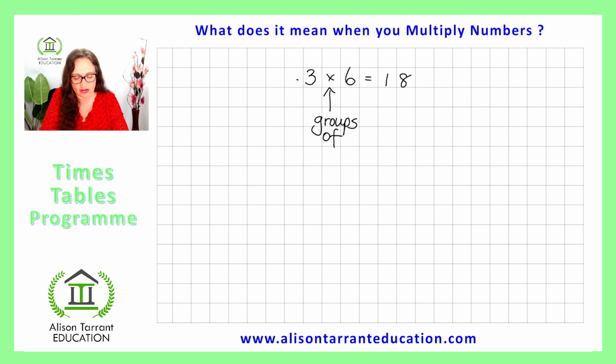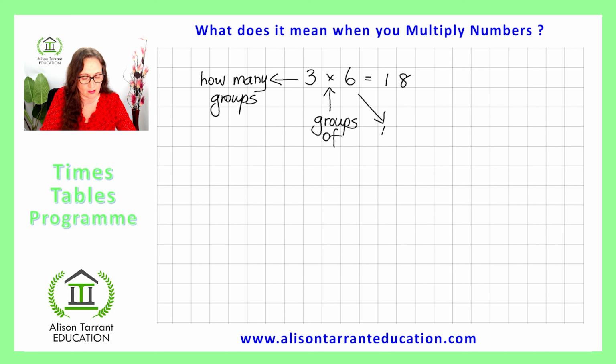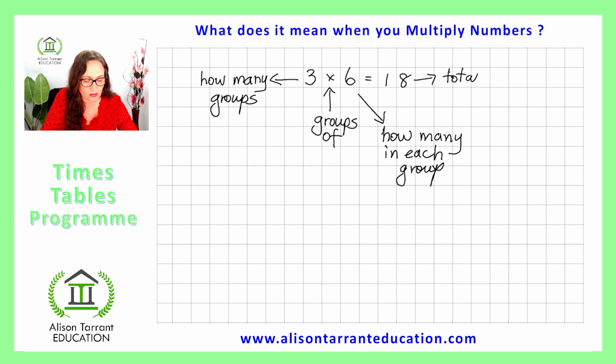And what the 3 actually means, it means how many groups. And what the 6 means is how many in each group. And of course, the answer means that when you add all the groups together, this is the total of all the groups.